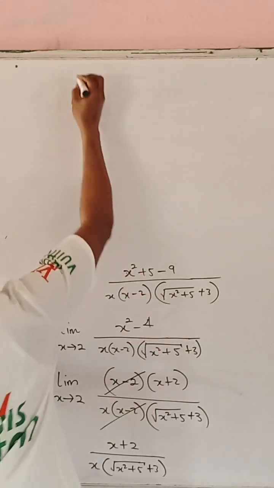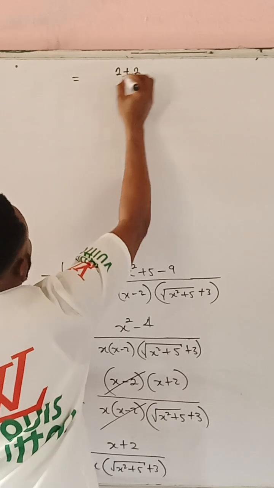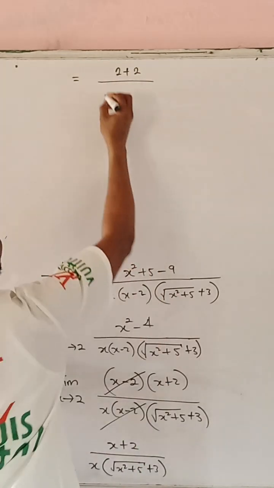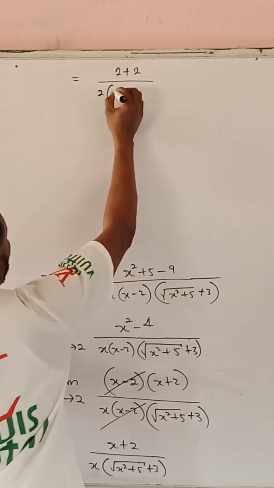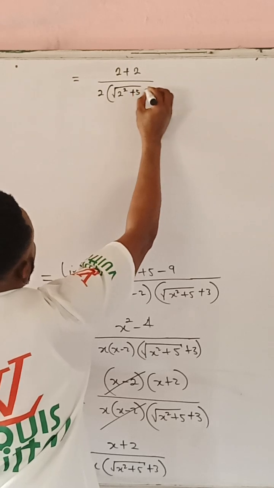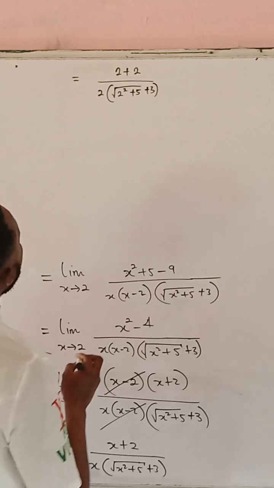We are going to have 2 plus 2 divided by s is 2 on the denominator into the square root of 2 squared plus 5 then plus 3. Put a parenthesis there as well.